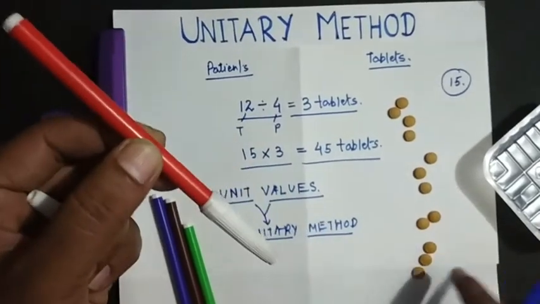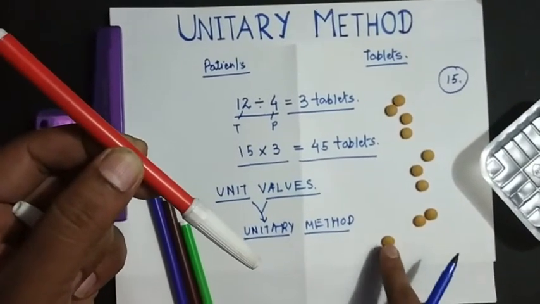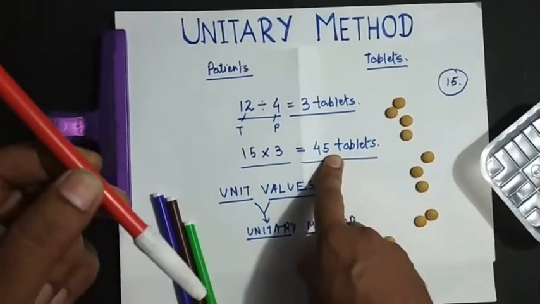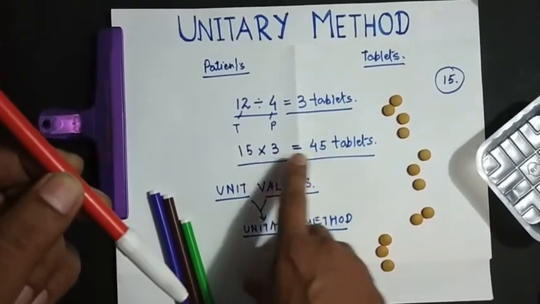For one patient 3 tablets are required. For 15, how many? Simply 15 multiplied by 3, 45 tablets.